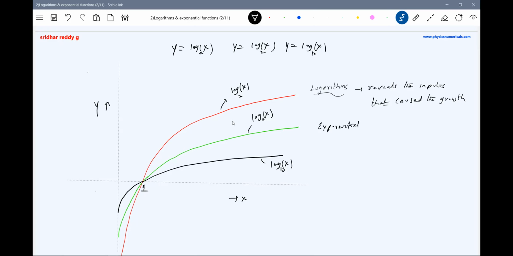Exponents, or exponential, find the final result of the growth. There's a relationship between those two. This is something very important for us.